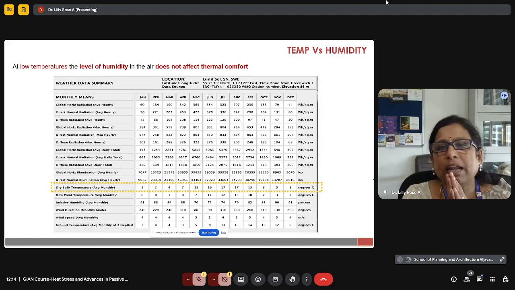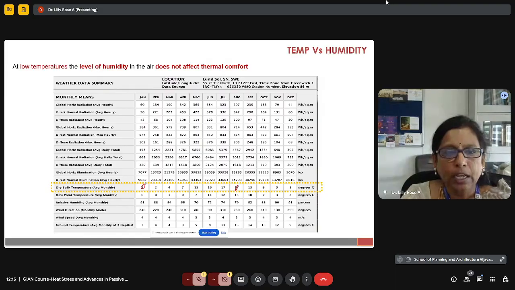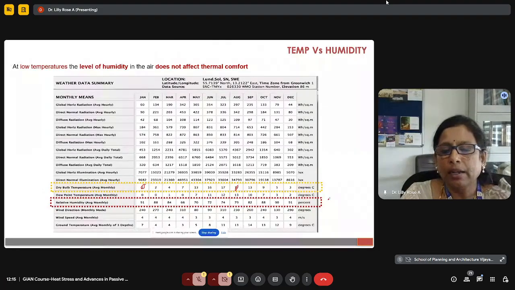This is an example of how temperature and humidity behave and how they yield comfort conditions. This is in Lund, Sweden, where the dry bulb temperature varies between 17 degrees Celsius and about 2 degrees Celsius, from summer to winter. But the relative humidity varies from about 66% to about 91%.